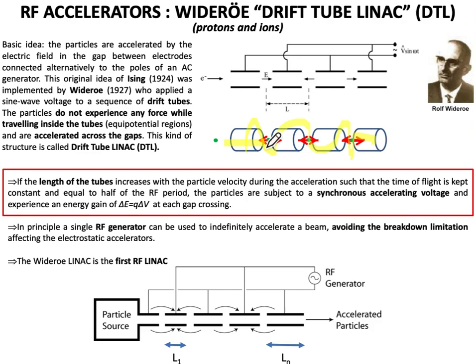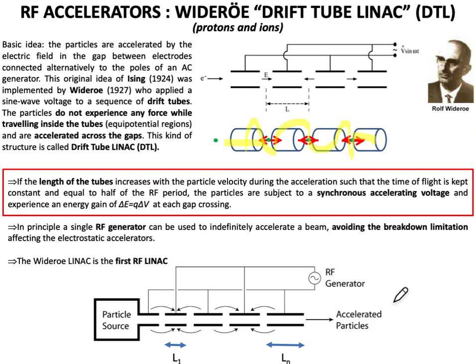If the length of the tube increases with the particle velocity during the acceleration, such that the time of flight is kept constant and equal to the half time period of the radio frequency, then the particle is subjected to an accelerating voltage at every gap. So the length of the tube L can be equal to T by 2 times its velocity.